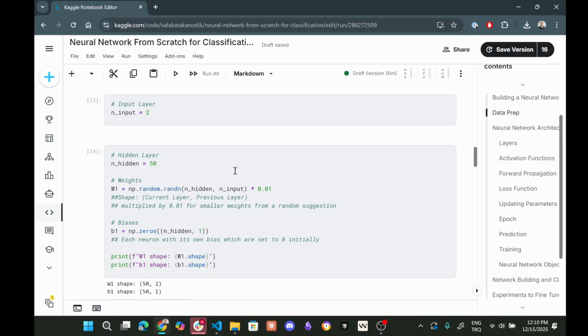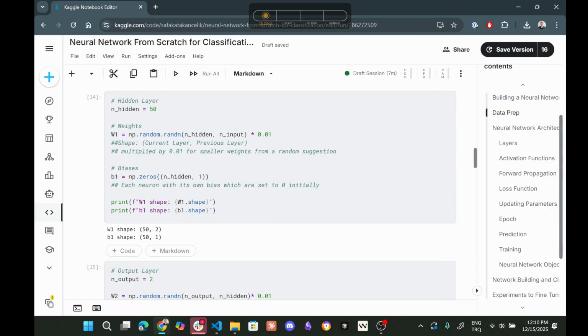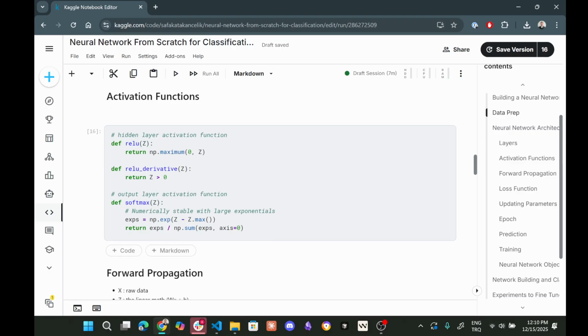I just built the input layer and hidden layer like this. I just created simple matrices with NumPy, and then created an activation function, for example. For ReLU, it just takes the maximum between 0 and the number itself. For the derivative, if it's below 0, the tangent is 0. If it's above 0, it is 1.